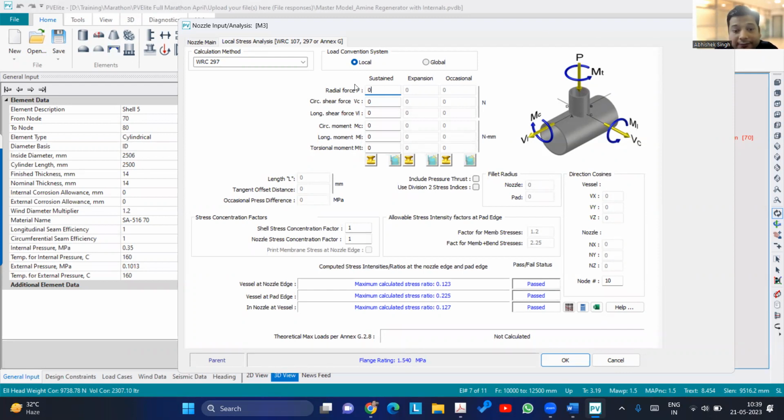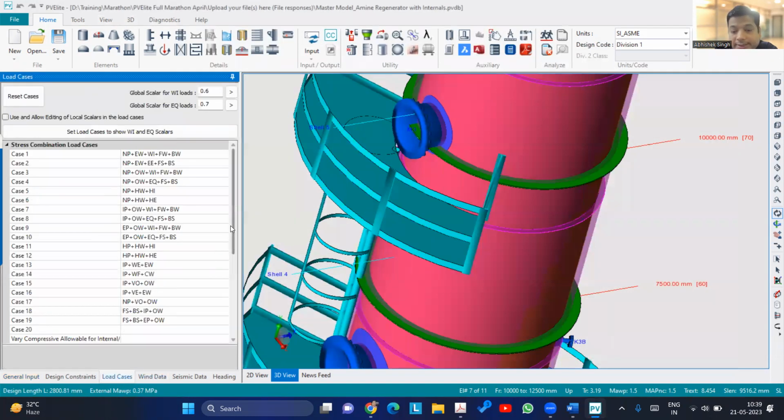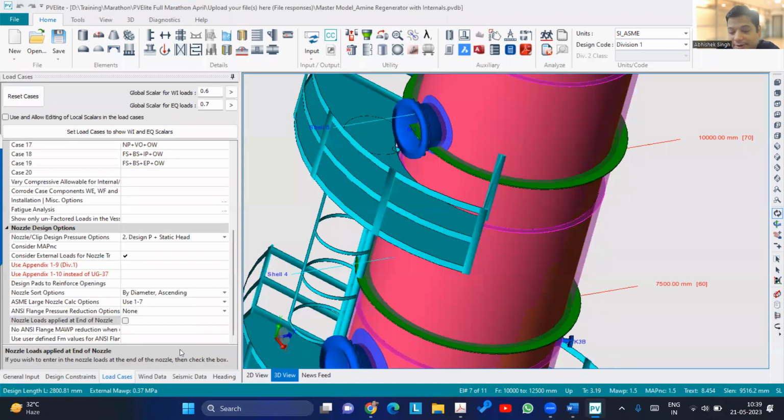Now let us see if in these options there is anything like that. In load case, you are saying something is there. Nozzle loads applied at the end of nozzle. Basically this option is there, which you can use if the loads are at the end of the nozzle.